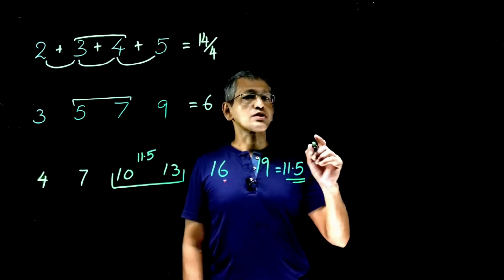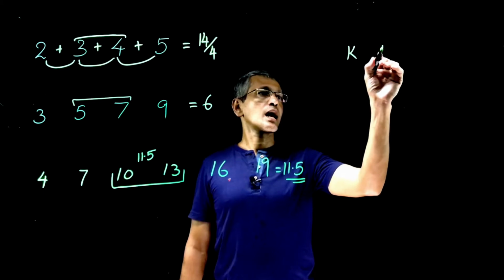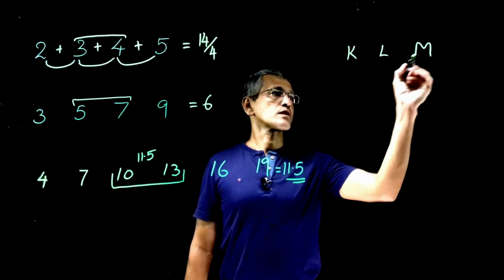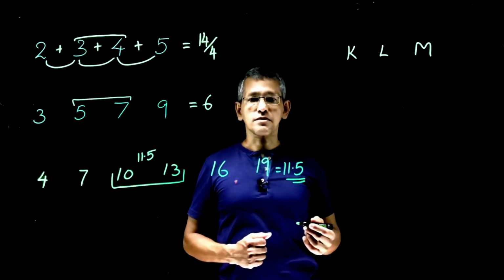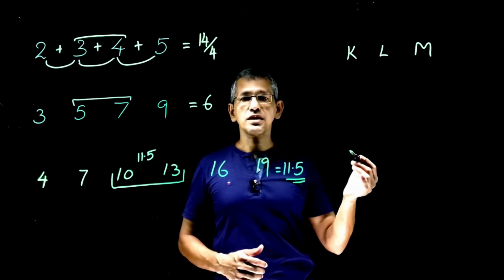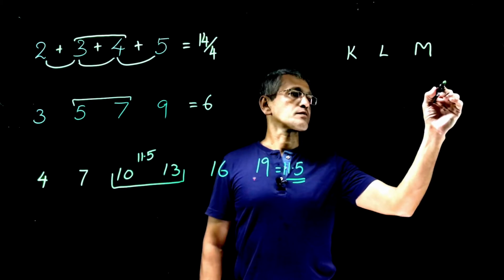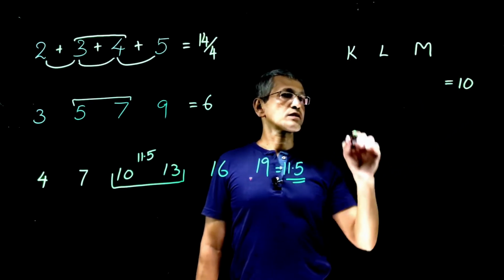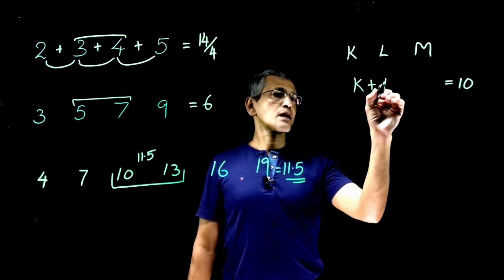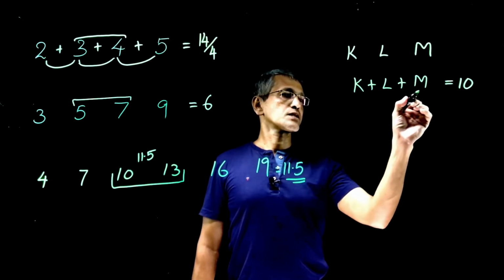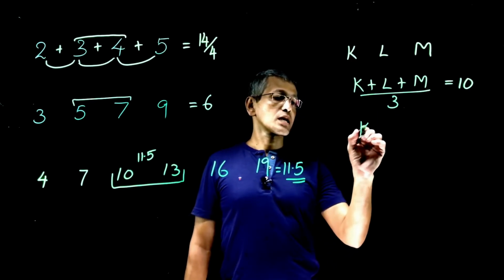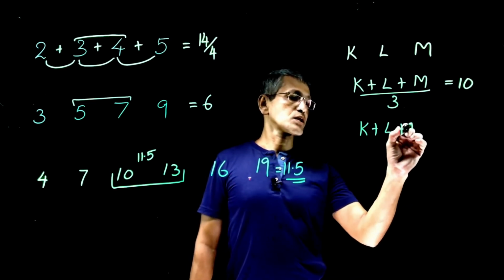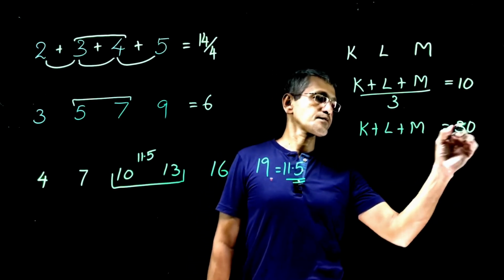So we have 3 boxes, K, L and M. Doesn't matter. The average weight of these 3 boxes is 10 kilograms. So that means K plus L plus M divided by 3 is equal to 10. So ultimately K plus L plus M is equal to what? 30.